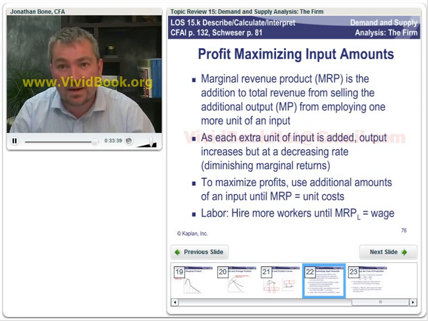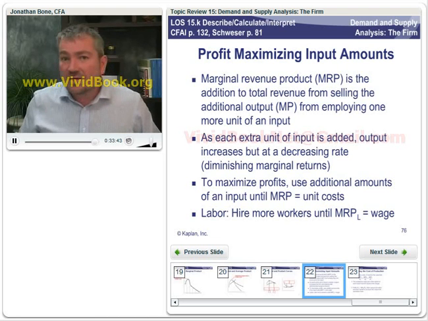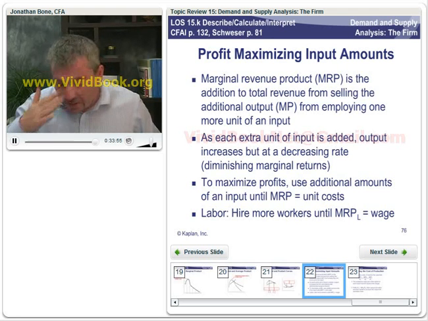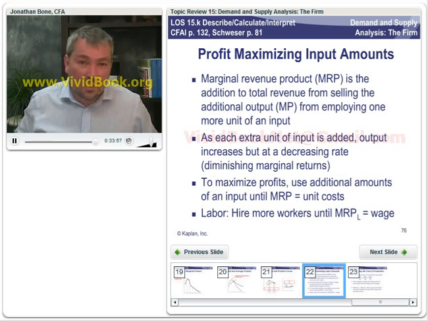In other words, we're generating no profit or no loss. So in the labour market, we should continue to hire more workers until the marginal revenue product of labour, the monetary value that we get from selling the output produced by one extra worker, is equal to the wage that we pay them.